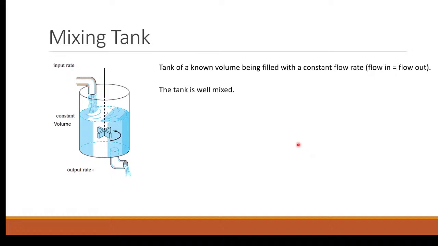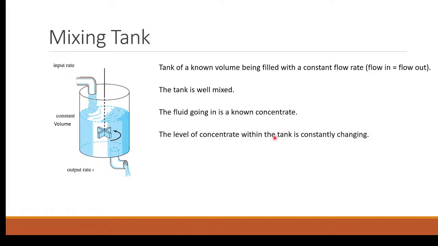We're also going to assume the tank is well mixed. It's a perfect mixture, no settling at the bottom, no floating at the top. Concentration is even throughout. The fluid going in is known. We already figured out what the fluid going in was, and the level of concentration within the tank is going to be constantly changing.